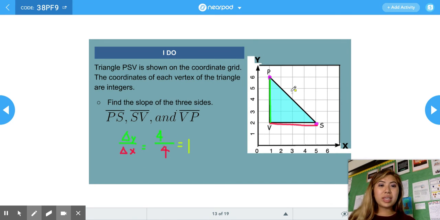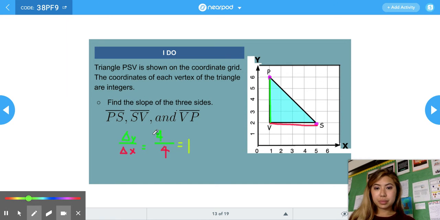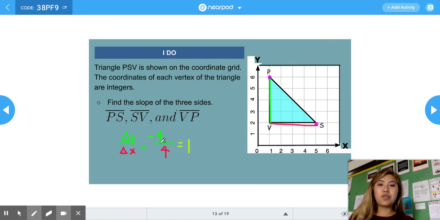But the one thing that we can't forget is that when we went from P to S, we didn't just go up 4, we went down 4. So it actually needs to be negative 4. And if it's negative 4 divided by positive 4, our slope is going to be negative 1 instead of positive 1, which means that for every x value, we're going down 1 unit.